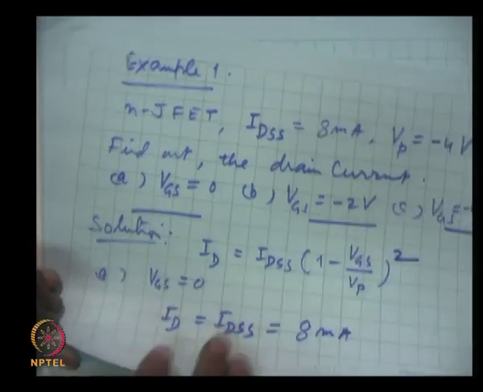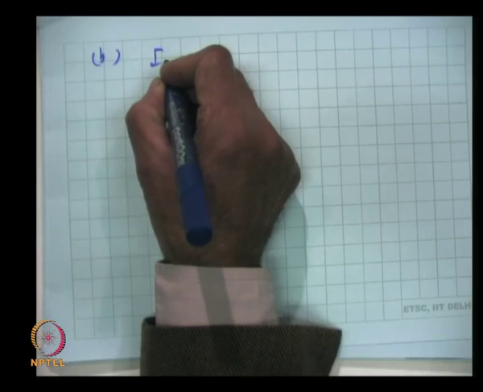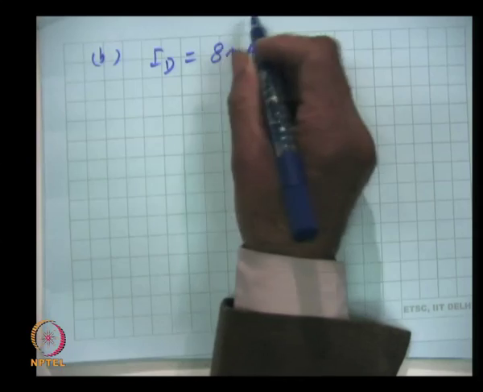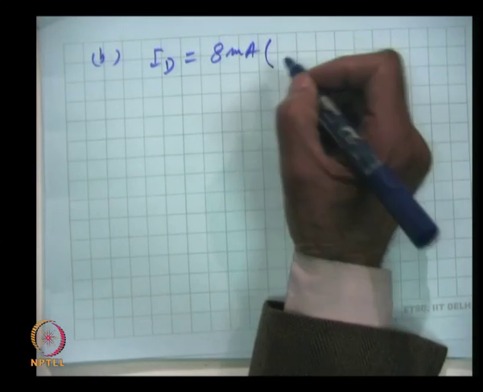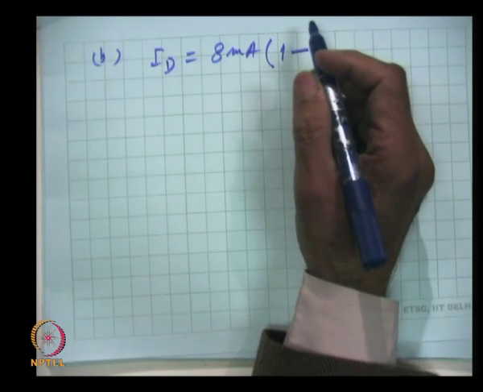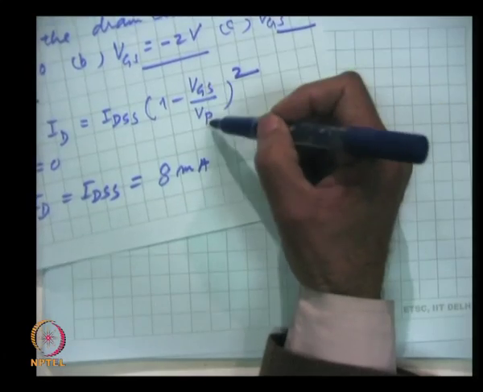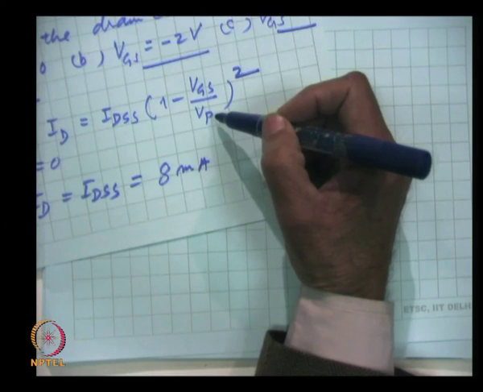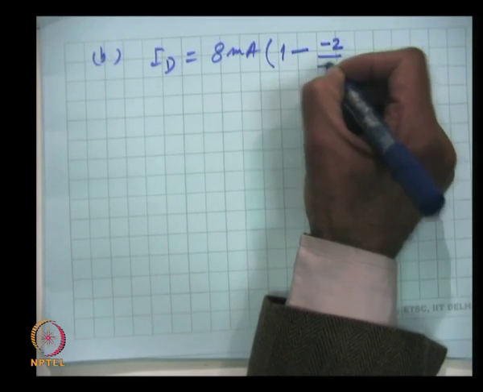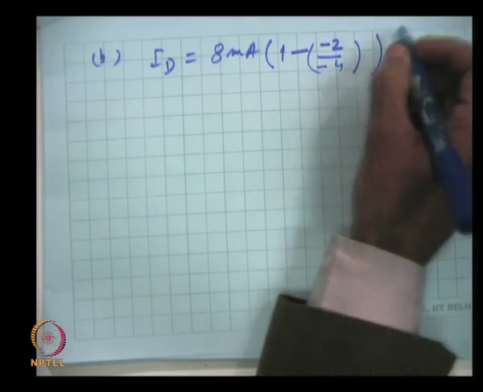Then for B, ID is 8 milliamperes, that is the value of IDSS, I have substituted in that expression, and 1 minus... I said that either use both with proper sign or just substitute magnitudes, this is one and the same thing. If I take with proper sign, this is minus 2 and this is minus 4 in this whole square.